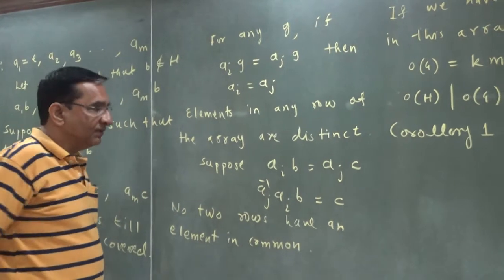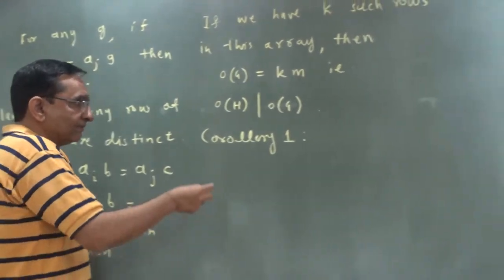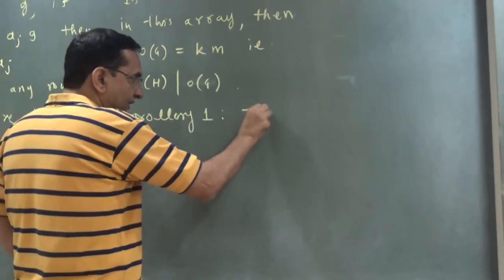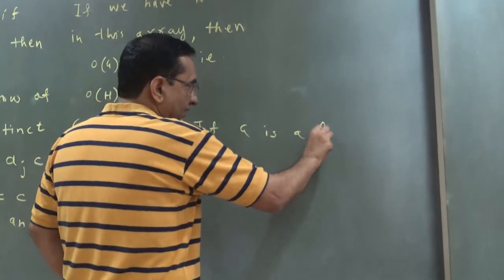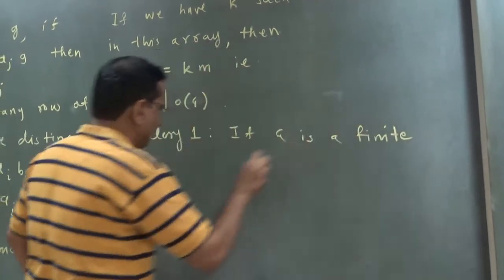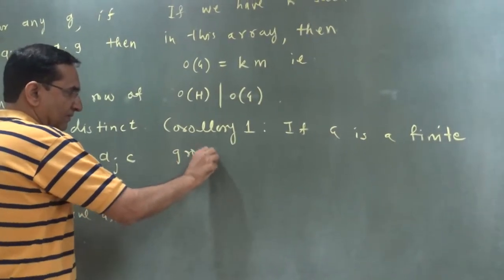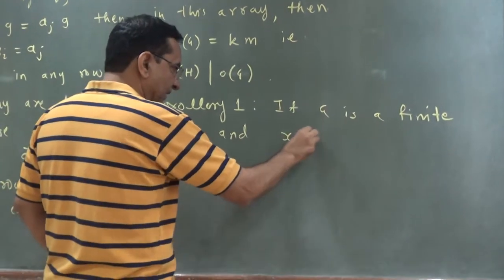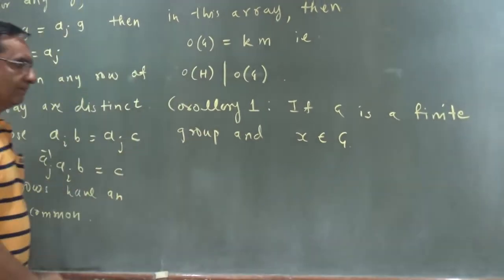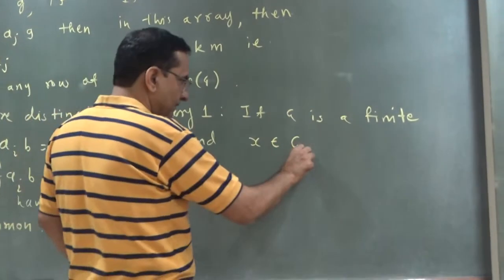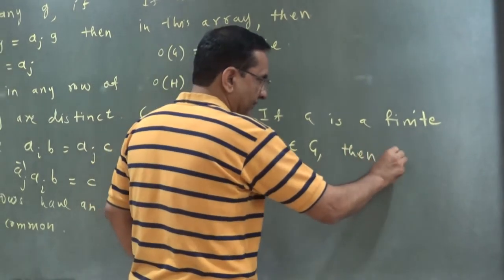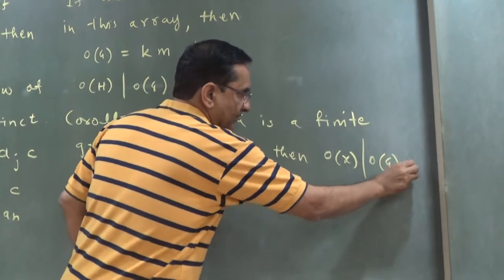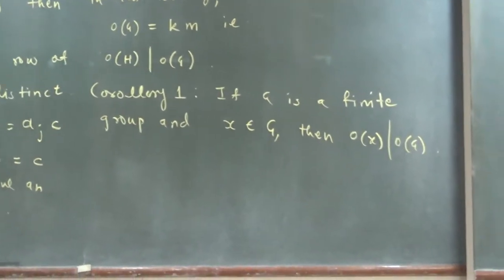Let's first see the simple corollaries. Corollary 1: if G is a finite group and x belongs to G, then the order of x divides the order of G. What is the order of x?